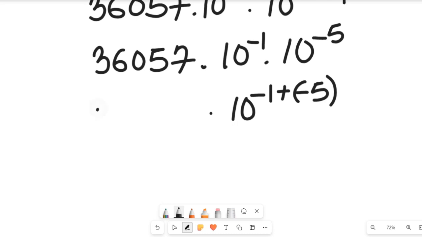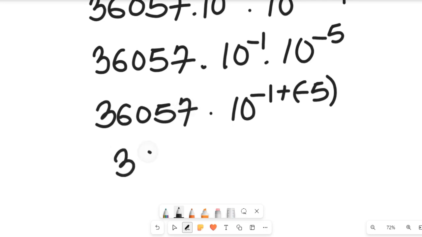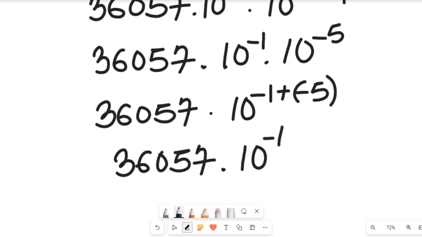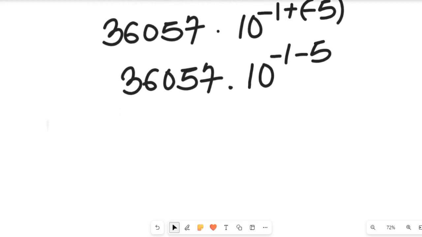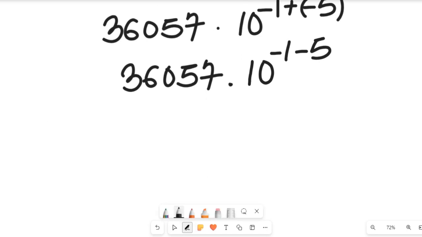And this will be equal to 3605.7 multiplied by 10 to the power of minus 1 minus 5. So minus 1 minus 5 is going to give us minus 6. So we'll have 3605.7 multiplied by 10 to the power of minus 6.